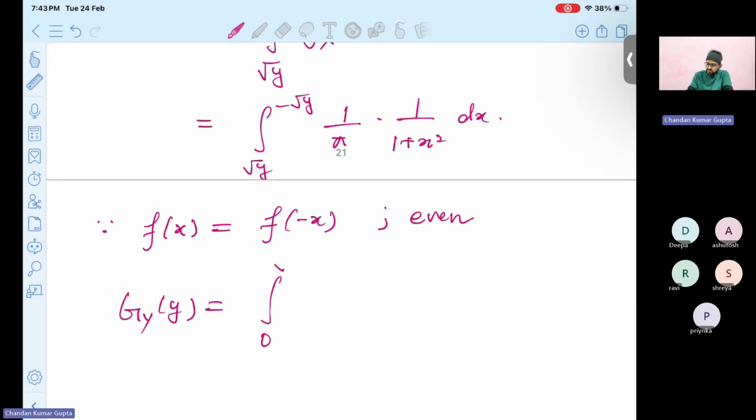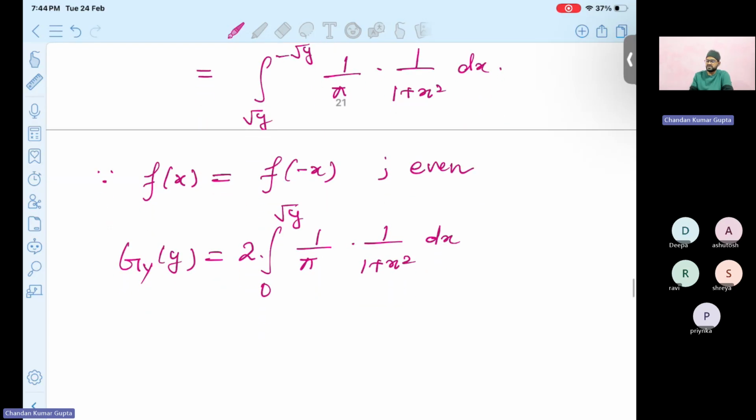It's the integral from 0 to root y, twice, because 0 to root y and minus root y to 0 have the same probability, which holds only when the function is even. So it's 2 upon pi times the integral of 1 upon (1 plus x square) dx.